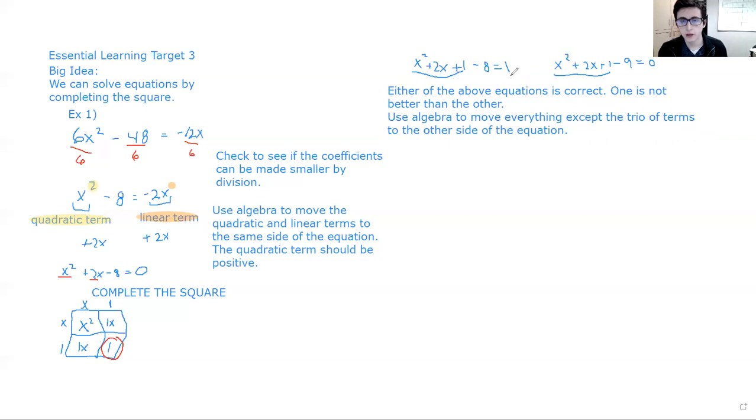If you were working with this one, you would add 8 to both sides, so that would cancel the 8s. Or if you were over here, you would add 9 to both sides. Either way, the next step is the same, which is going to be x squared plus 2x plus 1 equals 9.